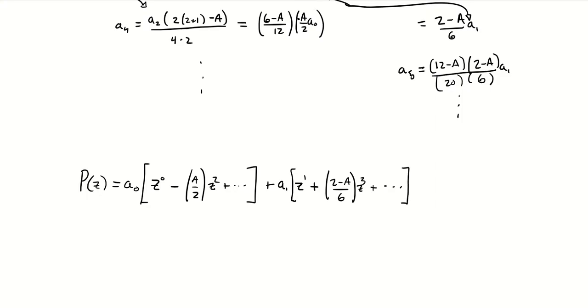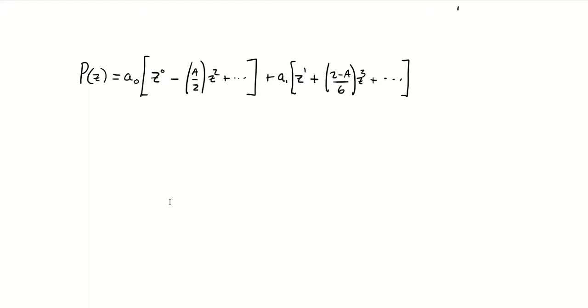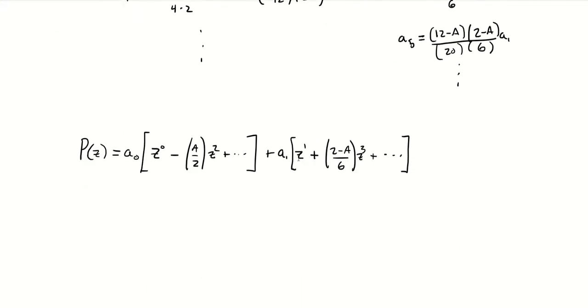So we have that function, and we've almost sorted out everything we need to. The last thing to take into account is that this function has to be normalizable, which means the series we've derived, these coefficients, have to converge.